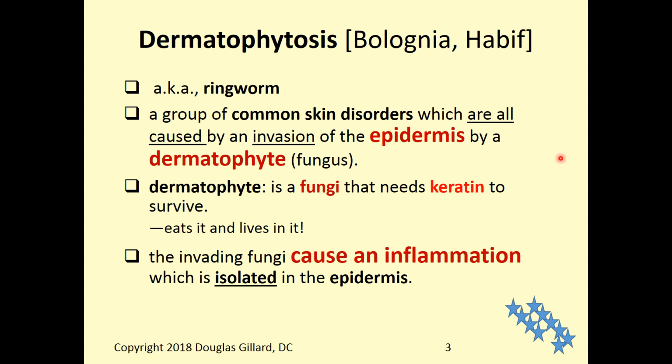They're all caused by an invasion of the epidermis only by a fungus, a specific fungus called a dermatophyte. What's so special about dermatophytes? They must have keratin around to survive. They eat it and they live in it. So to be a dermatophyte, you have to thrive on keratin. Simple as that.